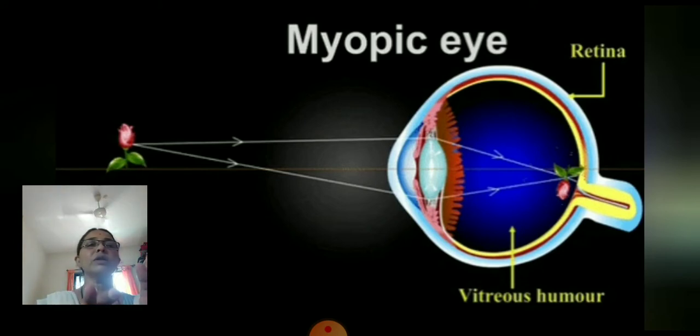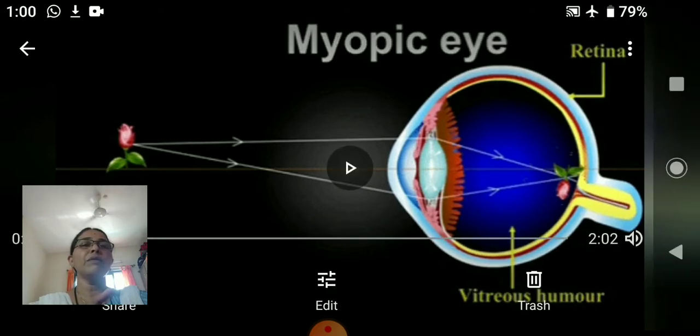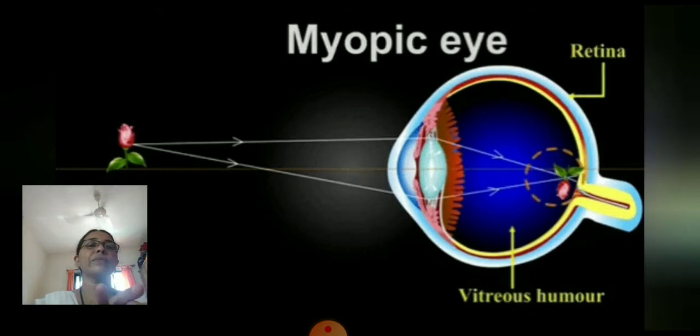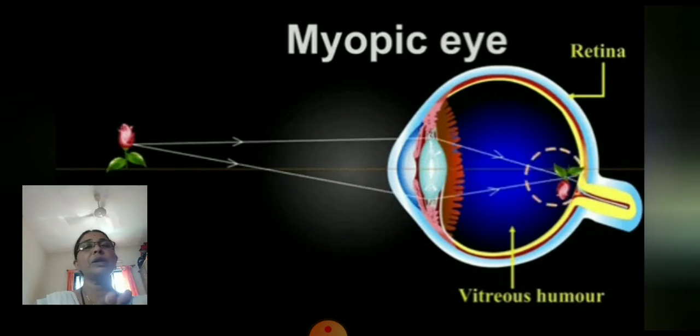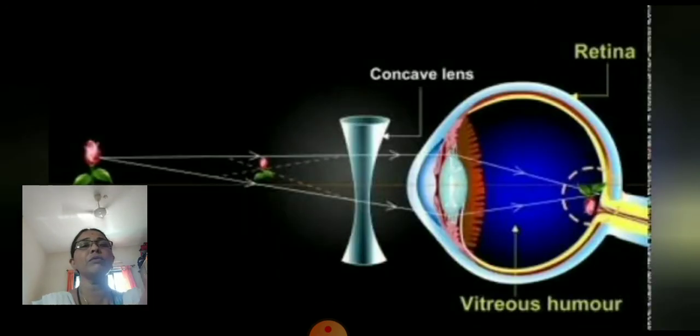All this happens because the eyeball flattens, that means the diameter increases, or the distance between the cornea and the lens increases. So let's see how the myopic eye works through this.